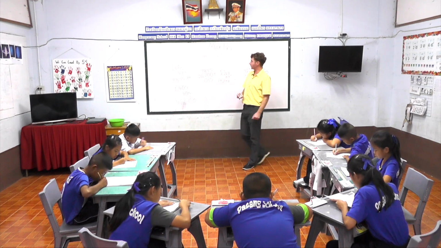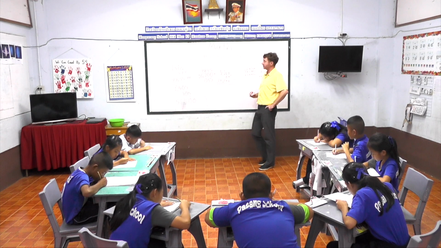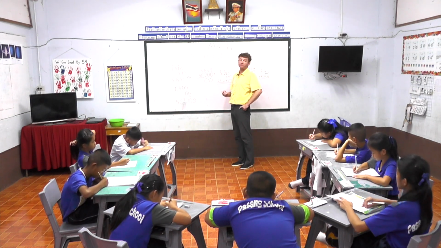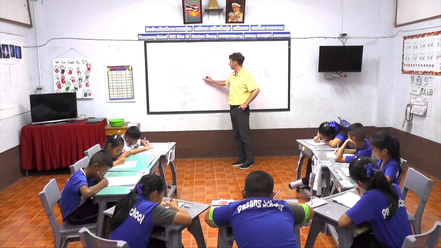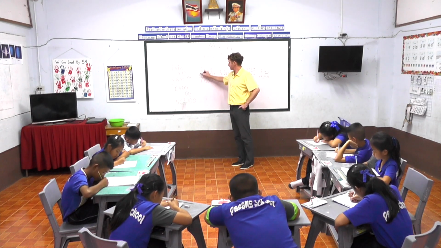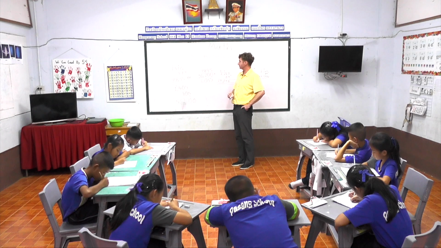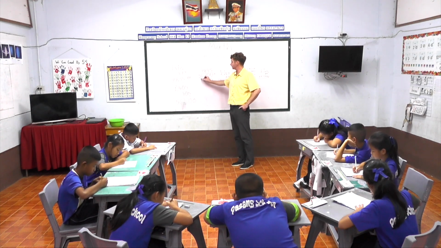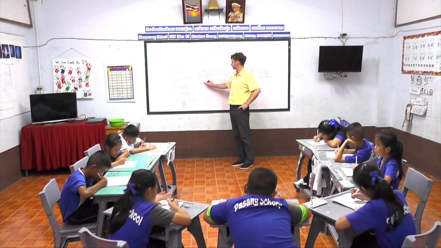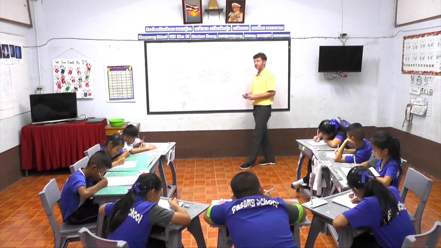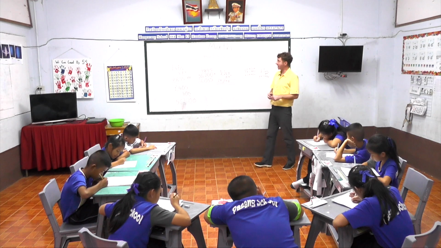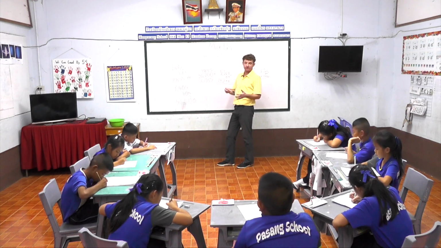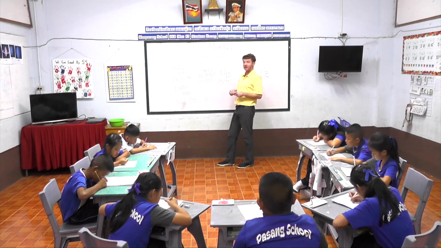Write 0, carry 1. 9 plus 6 equals 15 plus 1, 16. So write 6, carry the 1. 5 plus 1 equals 6. So there you go, guys. There's our answer to number 1. 66,035.